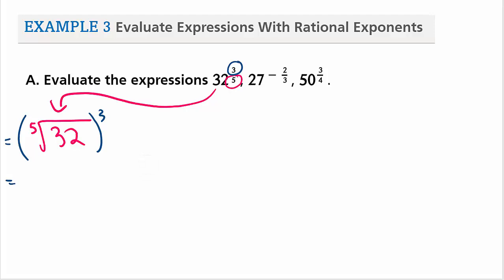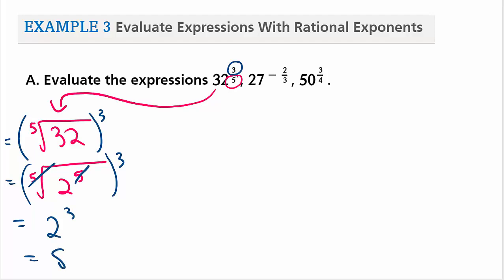So we're looking for a number that when we multiply it by itself 5 times ends up being 32, which is 2 to the 5th. So the 5th root and the 5 cancel, and we end up with 2 cubed, which is the same as 8.